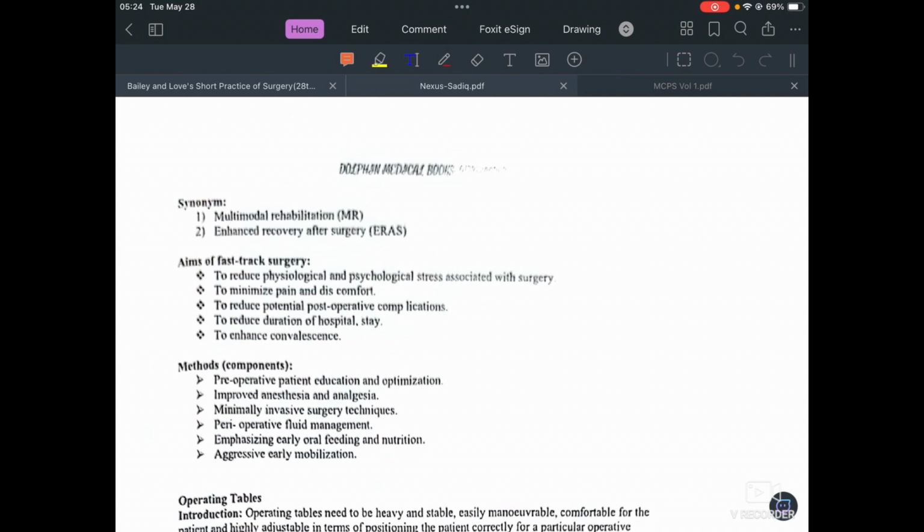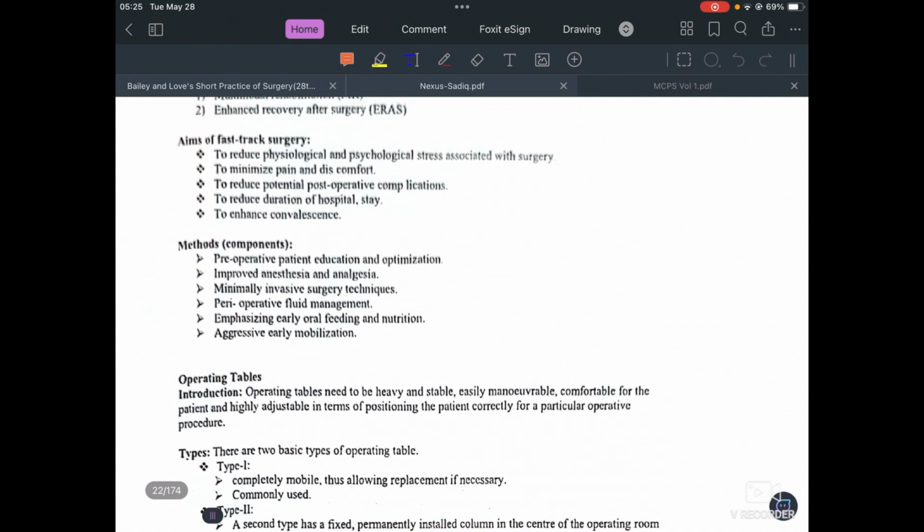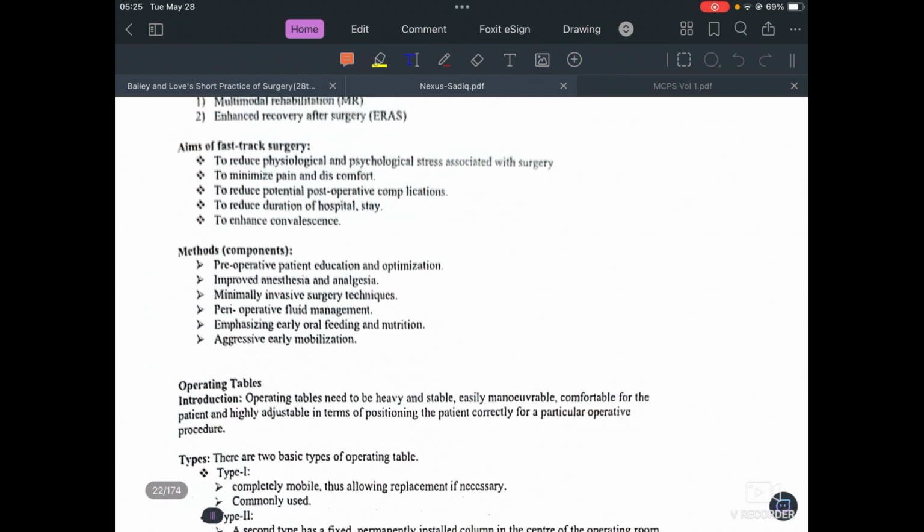Every surgery has some aim. Methods: preoperative patient education and optimization, improvement of anesthesia and analgesia, minimal invasive surgery, perioperative fluid management, emphasis on early oral feeding, and aggressive early mobilization.